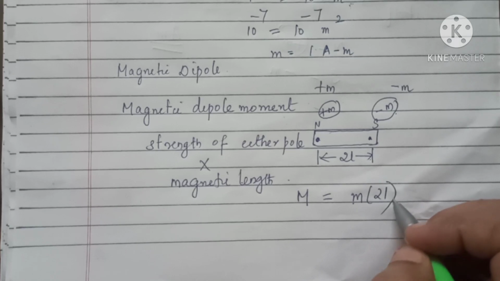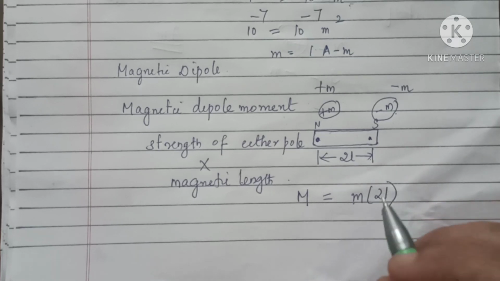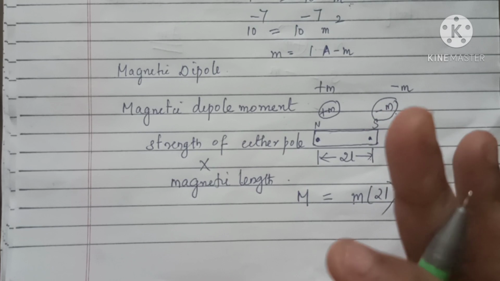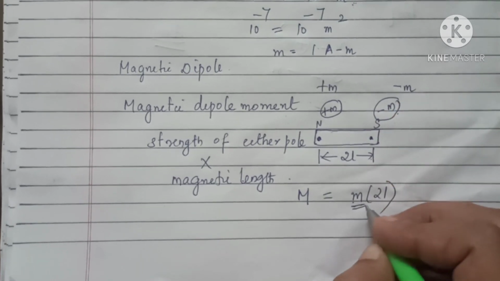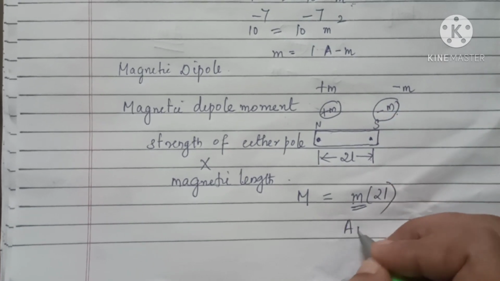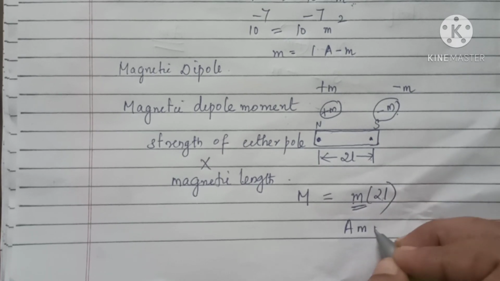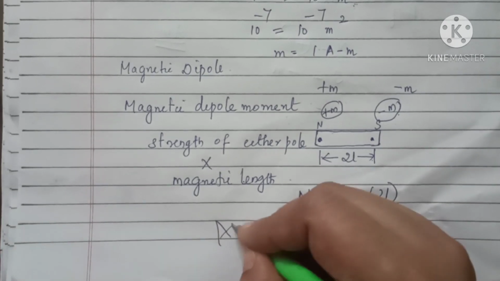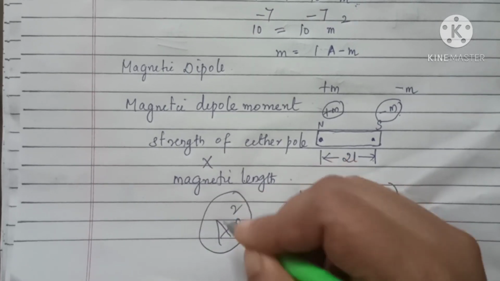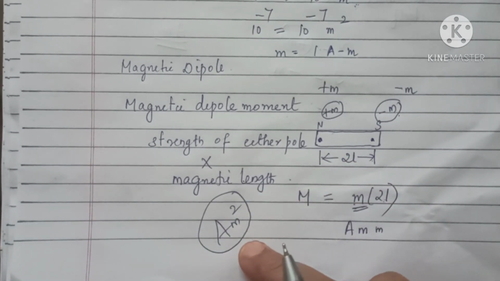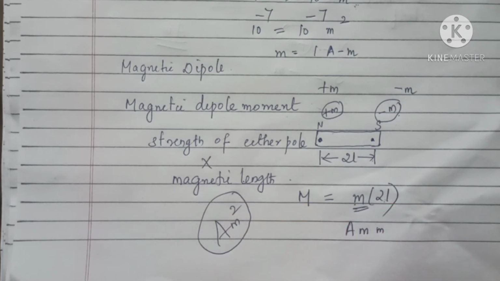Now, what is the unit, SI unit of magnetic dipole moment? You know, for m or the pole strength, it is ampere meter, and again length is there, so again meter. So, ampere meter square. It is the unit of magnetic dipole moment. Clear for you? Magnetic dipole moment means the product of the strength of either pole and the magnetic length, which is given by m into 2L. The unit is ampere meter square. Okay.